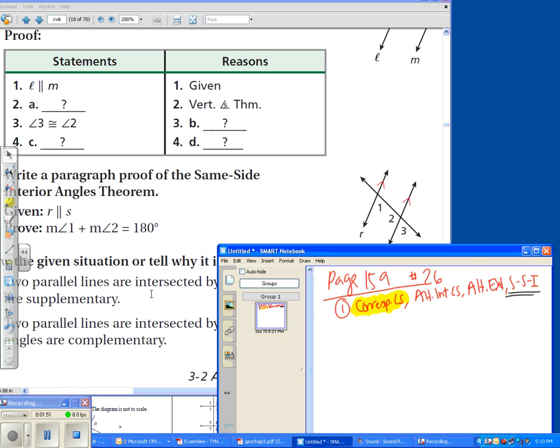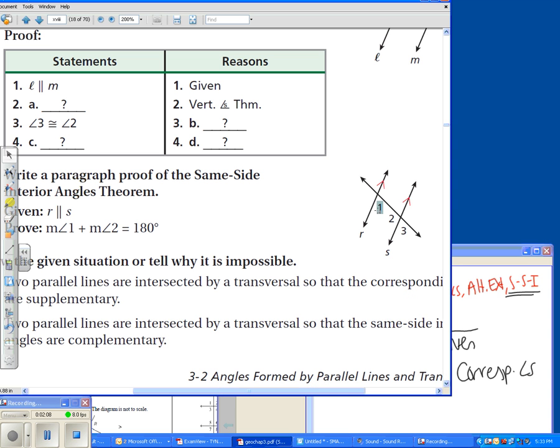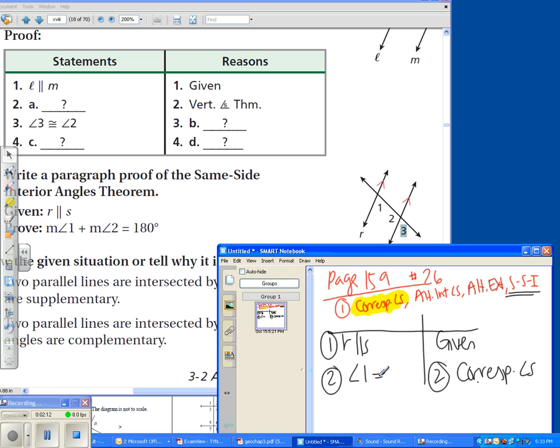Okay, so we have our given, and that's R is parallel to S. Now, if I tell you that those two lines are parallel, you can then use corresponding angles, because like I said, that's the mommy of the other ones. So we're going to use corresponding angles, and in this picture we have corresponding angles, angle 1 and angle 3. So I'm going to say angle 1 is congruent to angle 3, because they're corresponding angles, and when we have parallel lines, they're going to be congruent to each other.